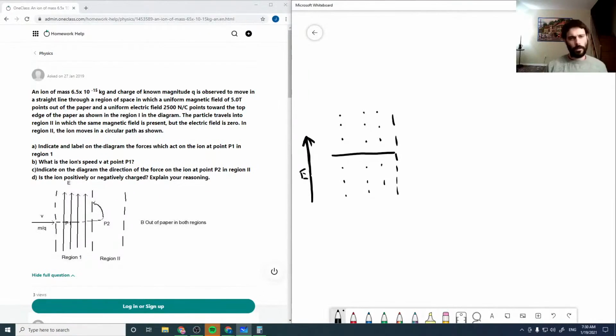And then it travels into region 2, in which only the magnetic field is present. So there's no E field this time.